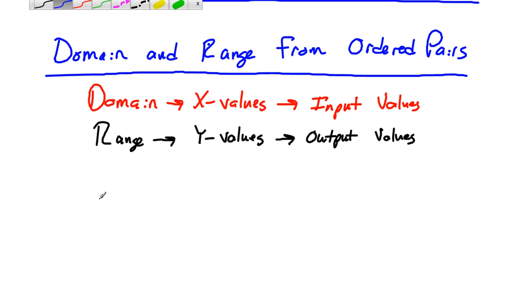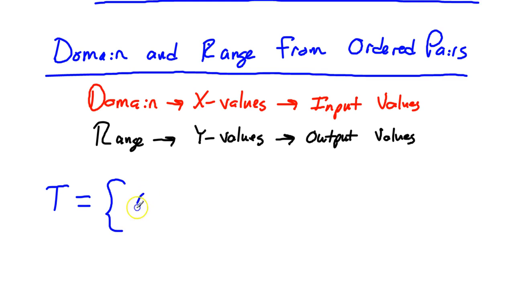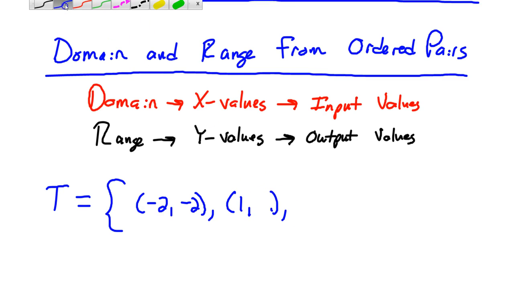We're going to give you a list of ordered pairs. And when they give you a list, they just call it T for ordered pairs. They can call it any letter. Doesn't matter what you want to call it here. Let's say -9 there. That's terrible, -9. Let's try that again.